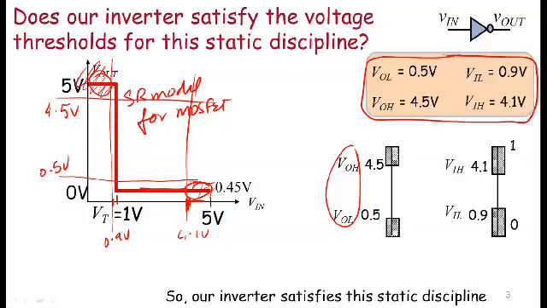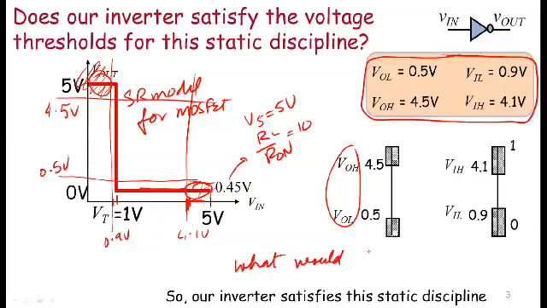Notice that the 0.45 appeared for Vs equals 5 volts and RL divided by R on equals 10. And in fact, you may want to play around and see what would happen if you chose RL divided by R on to be a different value.